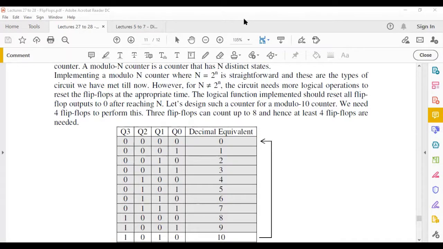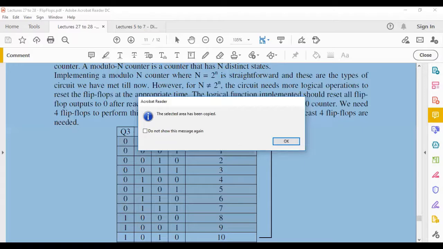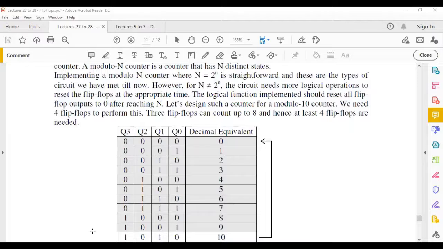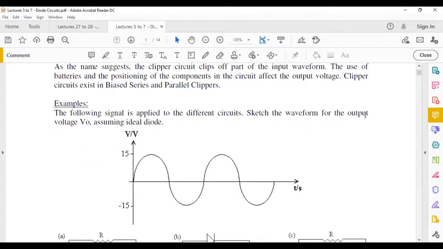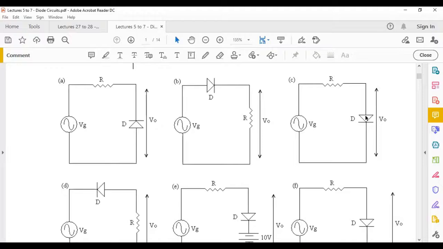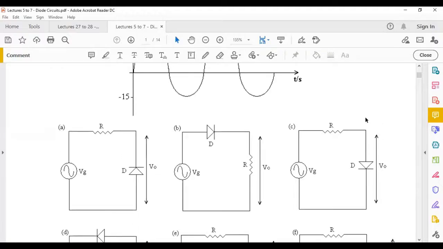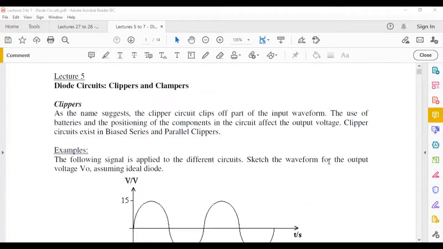on diode circuits. Okay, so I've just sent this lecture series to you, so I will do this handout.